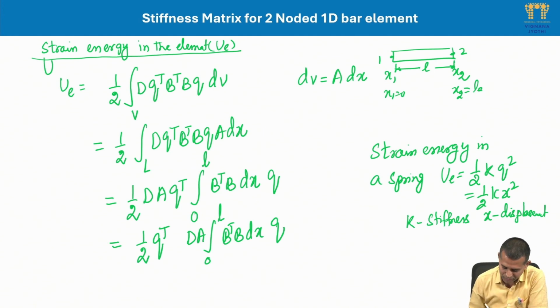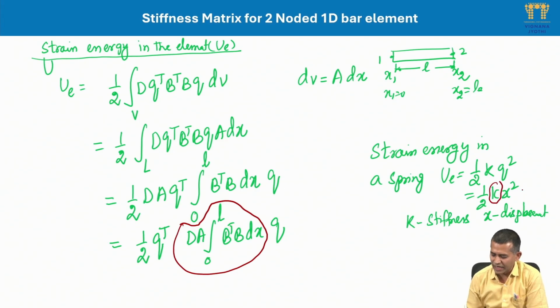So if you can observe this entire term which we have, and if you can see this term k, right? So this x square corresponds to q transpose and q, where q is again displacement. When it is in matrix form and you want to multiply, you have to write it as q transpose and q. So this q is reflecting the displacement x and again q.